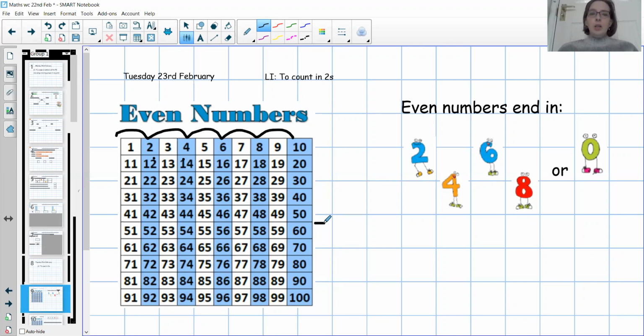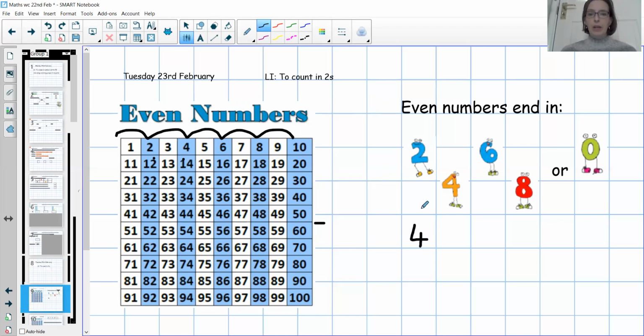Okay, so what patterns did you notice in these blue numbers? They're obviously the ones we do say when we're counting in twos, but did you notice any other patterns? Have a think about what we were discussing when we were back in school last about digits. Some numbers, like the number 4, has just got one digit, hasn't it?